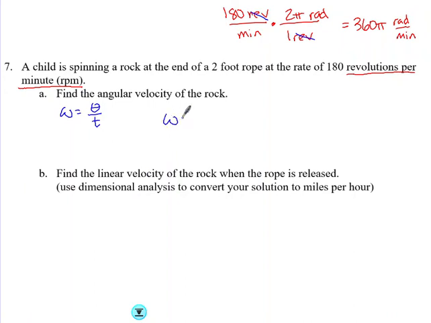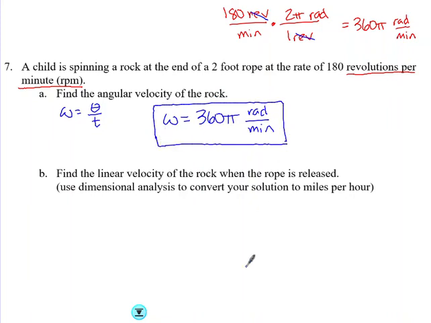The angular velocity is 360 pi radians per minute. Typically, angular velocity is in radians per second. So if you want to go ahead and convert that to radians per second, you can go right ahead. You would get 6 pi radians per second. But when we get to part B, we have fewer calculations if we leave it as radians per minute.